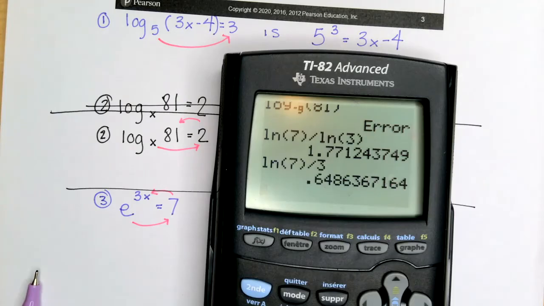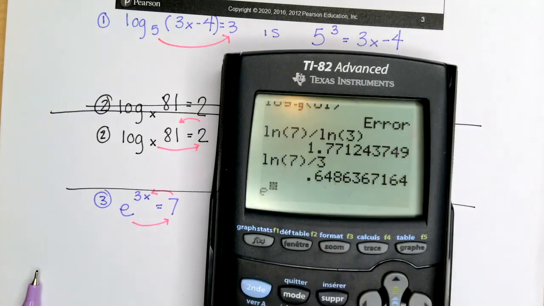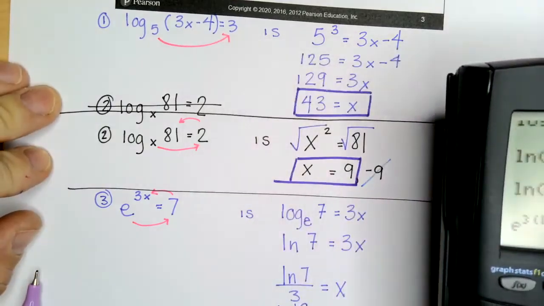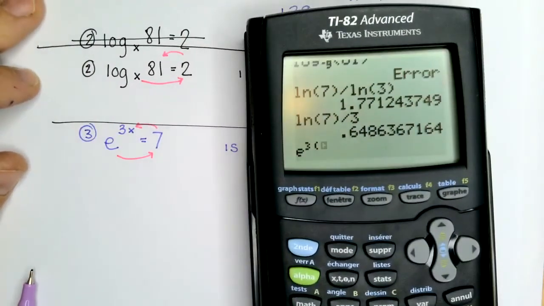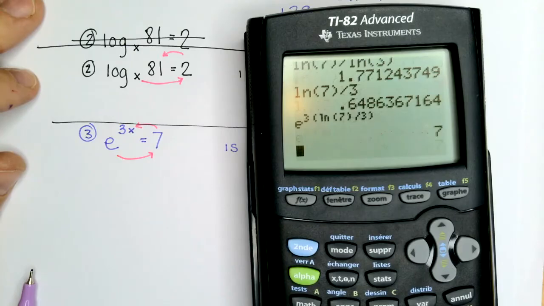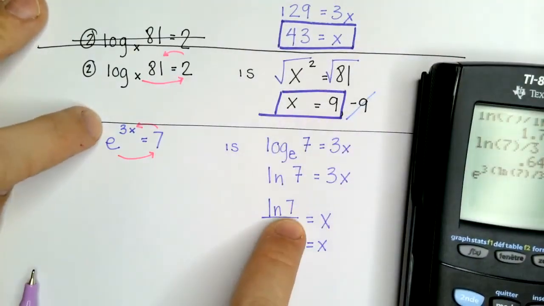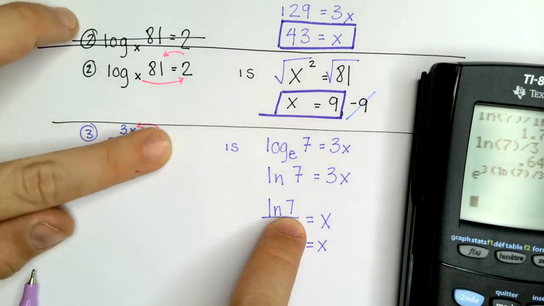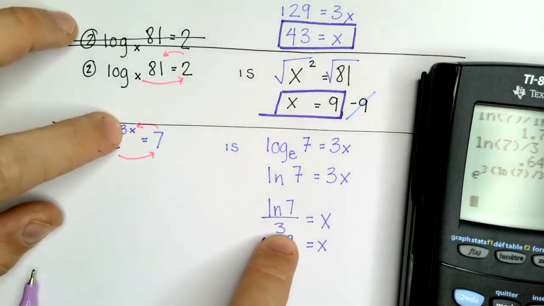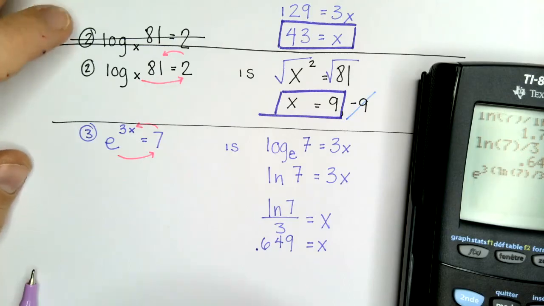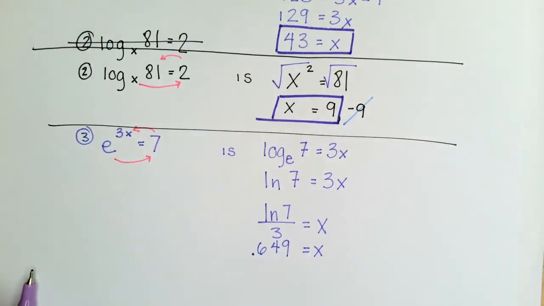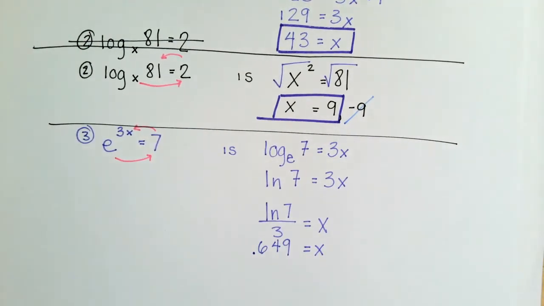So e to the power of 3 times natural log of 7 divided by 3, and I get 7. And you can kind of see that, right? Because this is undoing this part, and then this is undoing this part. Kind of see. All right.